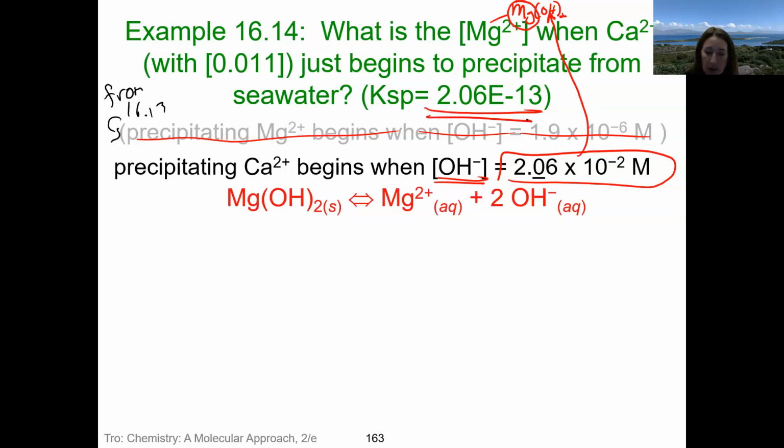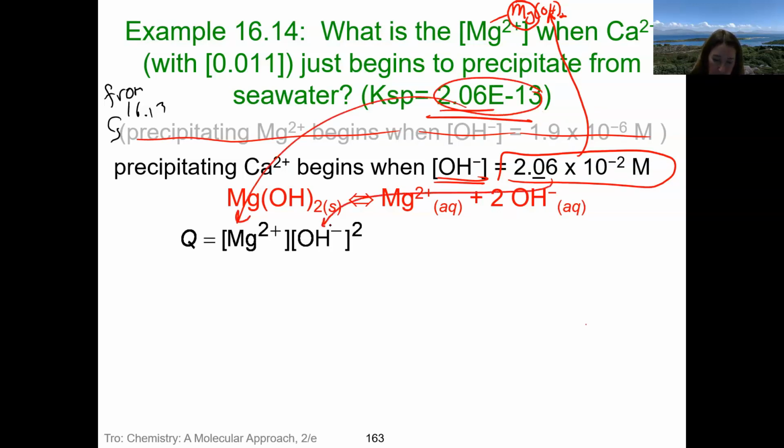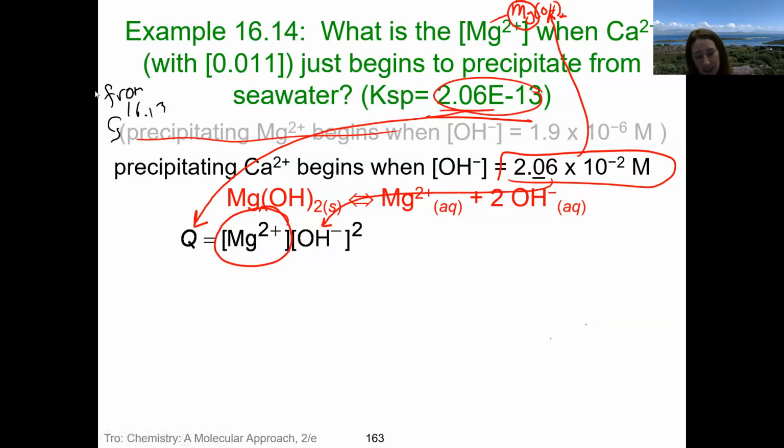So here's our KSP for magnesium. So again, we're going to use Q equals K when something begins to precipitate. So we're just going to use this in our Q. So this goes here, this goes here, this goes here, and we solve for magnesium, right? So it's kind of keeping all your ducks in order, but it's actually kind of fun. It's like a little brain teaser puzzle.